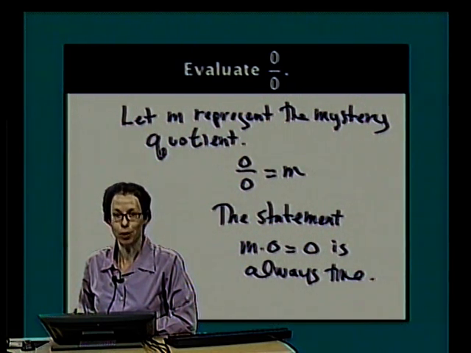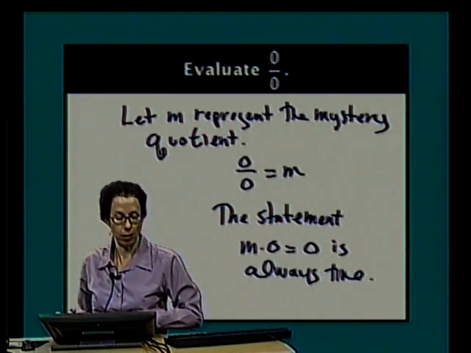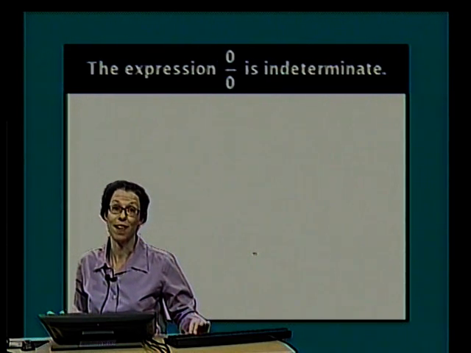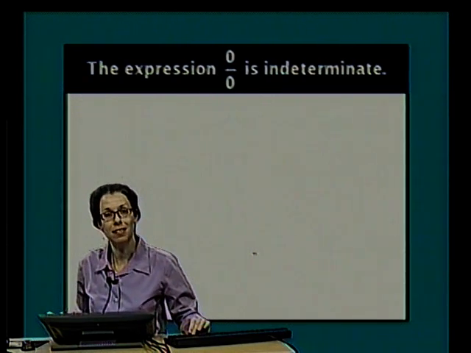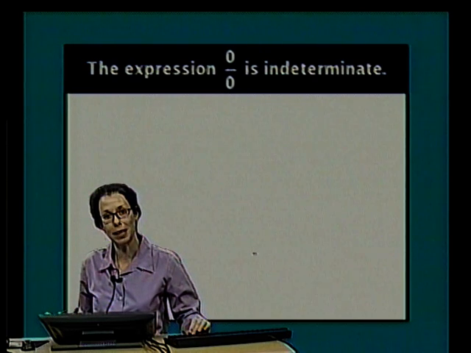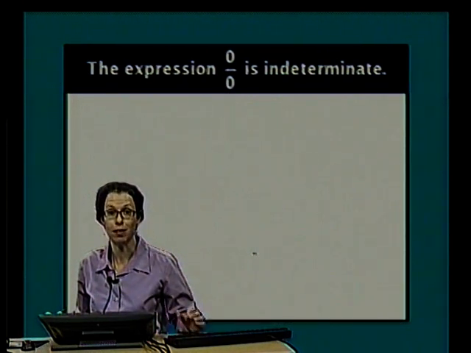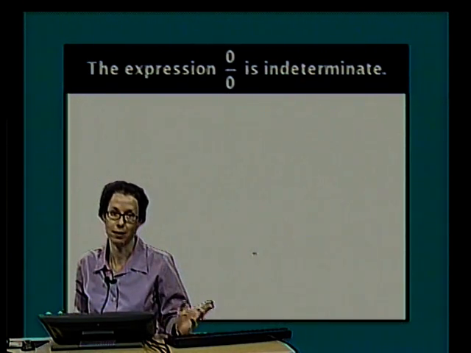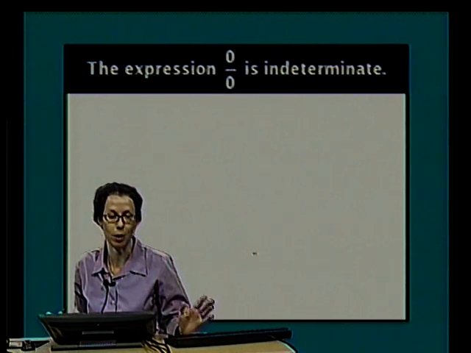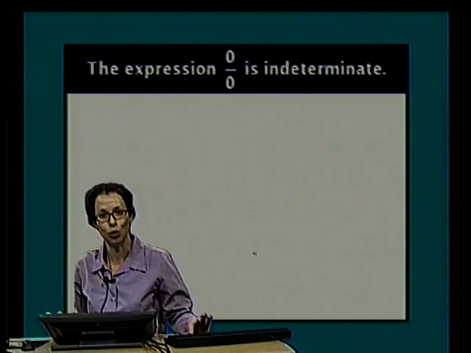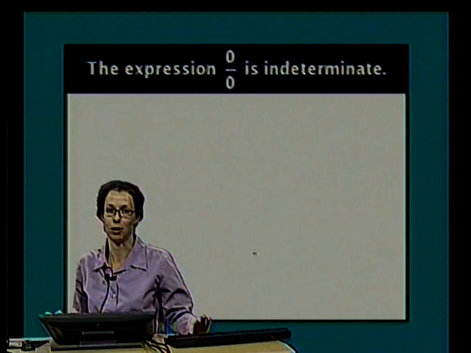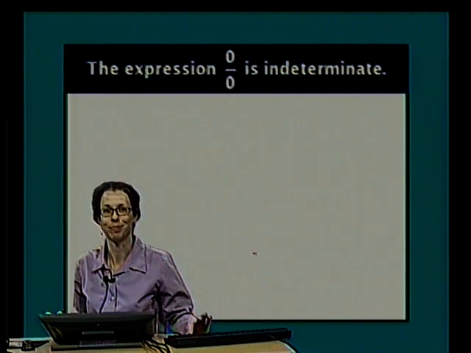It doesn't matter what the value of m is. So mathematicians have a fancy name for this. They say the expression 0 divided by 0 is indeterminate. We can't pin it down. We can't say it's pi. We can't say it's 1/2. There's no way to determine the value of that expression. Kind of a bizarre idea.